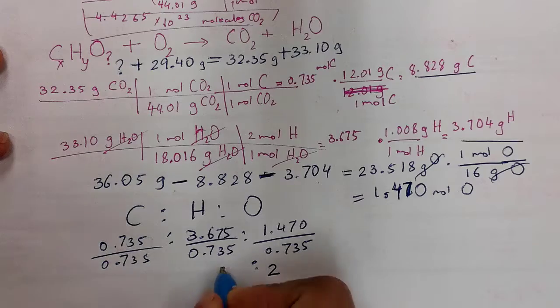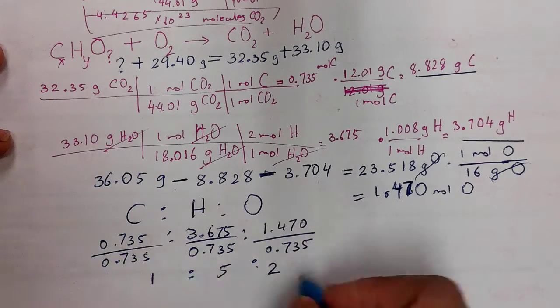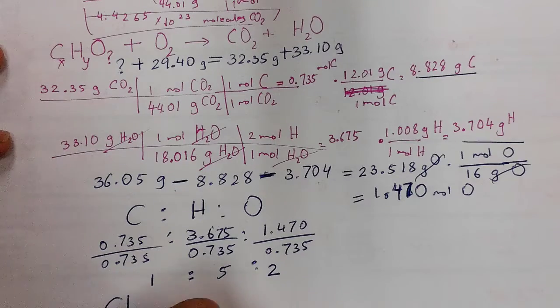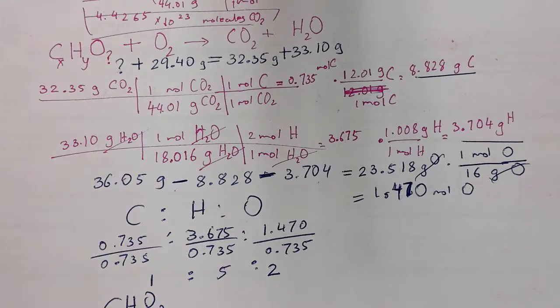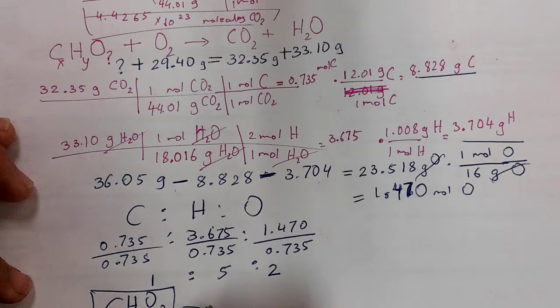This is 5, and this is 1. So based on this, my empirical formula is CH5O2. This is the answer to A.